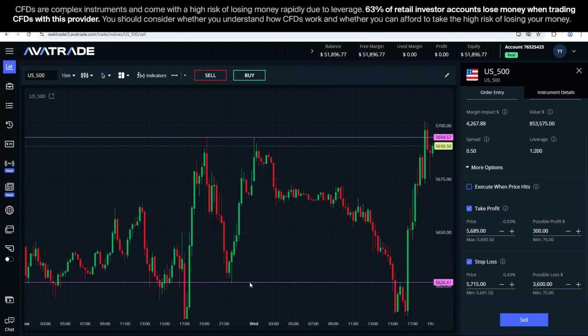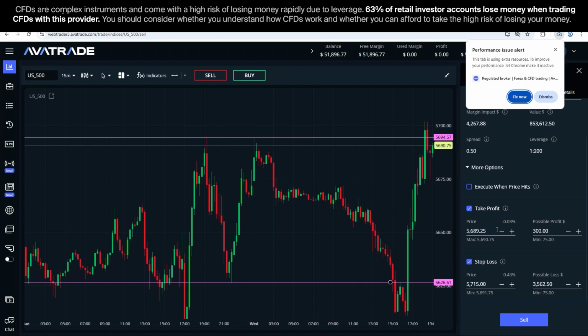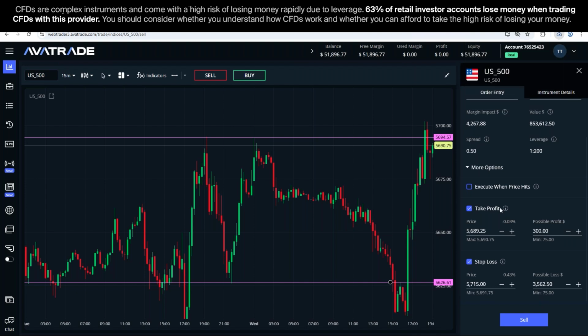Take profit, I'm putting here 5,626. That's right at this little support here and not the low point of the day. Doesn't even have to get there. Now what I'm looking at is about a 3-to-1 ratio, not quite, but almost 3-to-1, potential profit to risk.